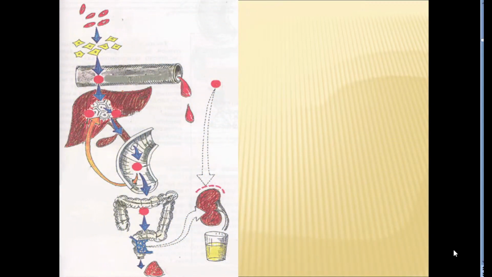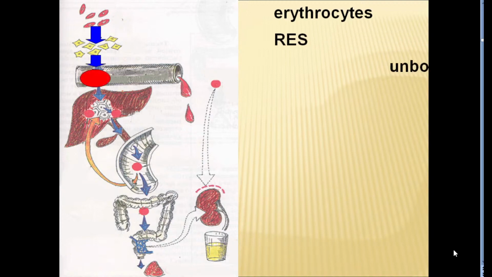Let's remember the mechanism of formation of bilirubin, in other words, the mechanism of pigmentary metabolism. Primary unbound bilirubin is formed due to destruction of erythrocytes in the reticuloendothelial system.